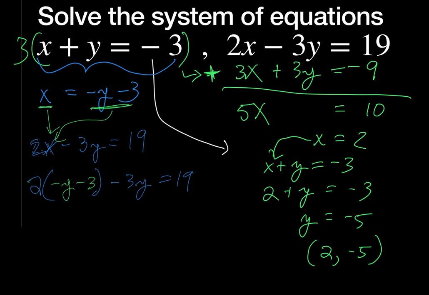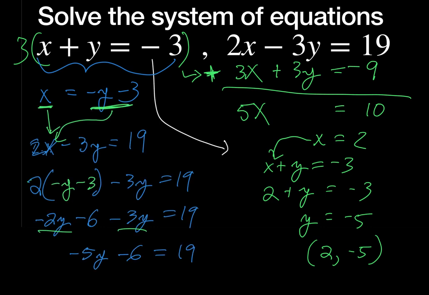I'm going to do distributive property, so that'll be negative 2y minus 6 minus 3y equals 19. Combine like terms. There's a negative 3y and a negative 2y for a grand total of negative 5y minus 6 equals 19. Add 6 to both sides.